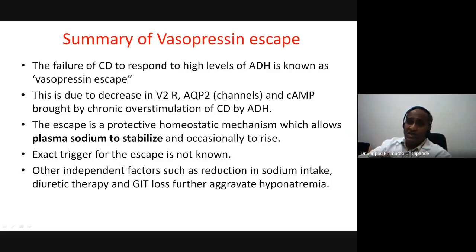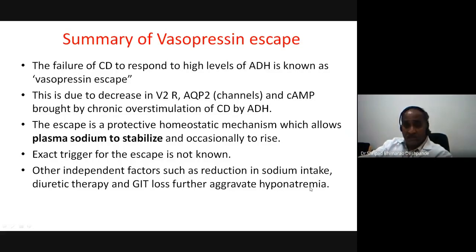Probably some of those homeostatic regulatory mechanisms may be working, along with other independent factors. In such a situation, when a patient has other factors like reduced sodium intake, or is subjected to diuretic therapy where sodium and water loss is taking place, or because of GIT loss, as happens in diarrhea and vomiting, this will further worsen the hyponatremic status.